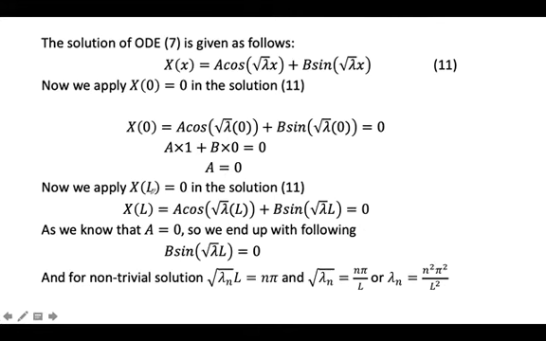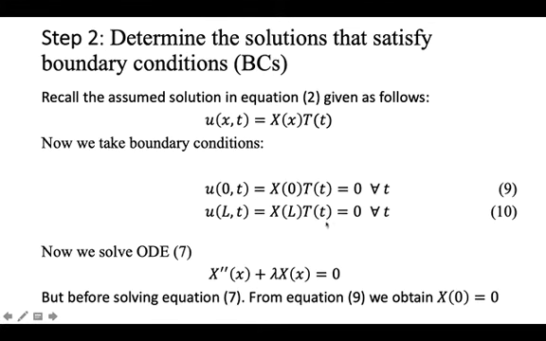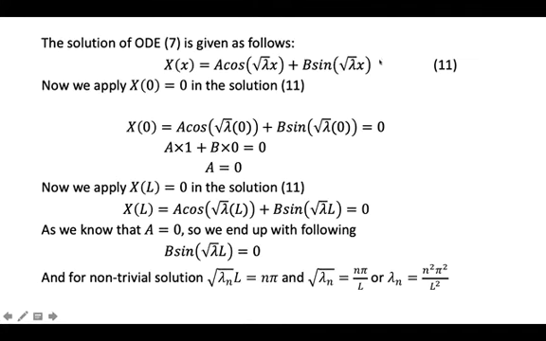Now we apply X(L) is equal to 0 in solution 11 here. When we insert L, we get b sine square root lambda L is equal to 0.